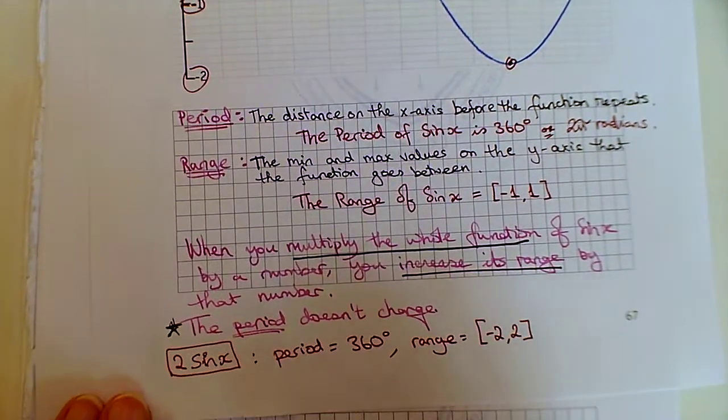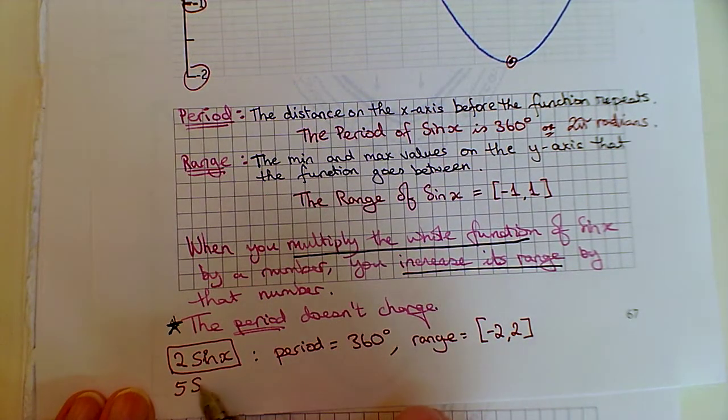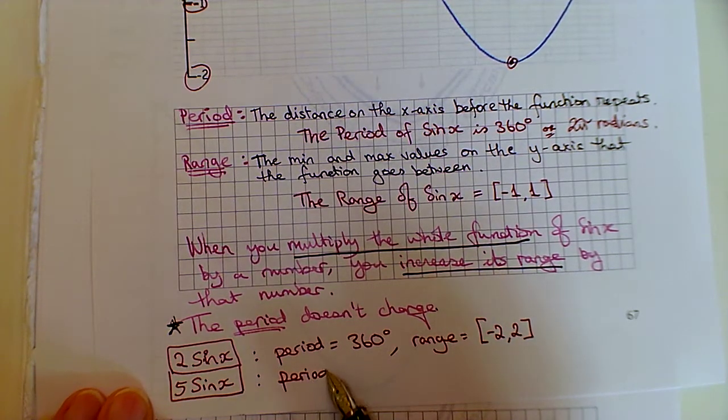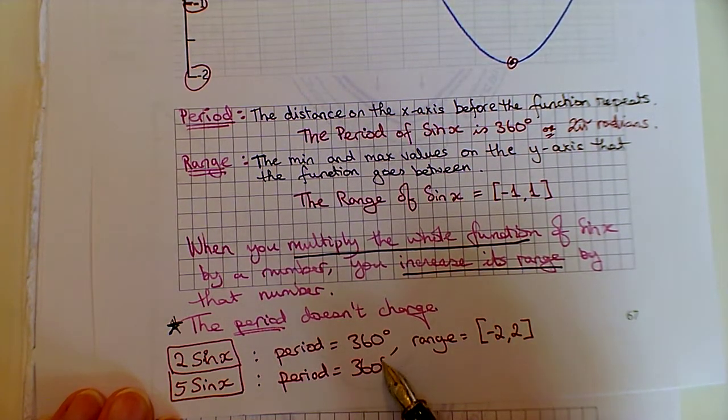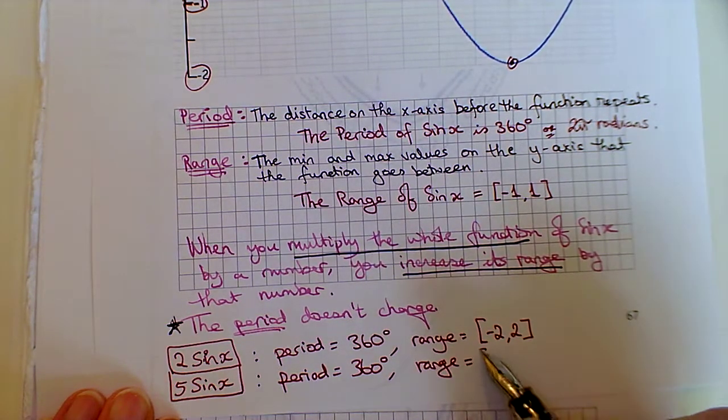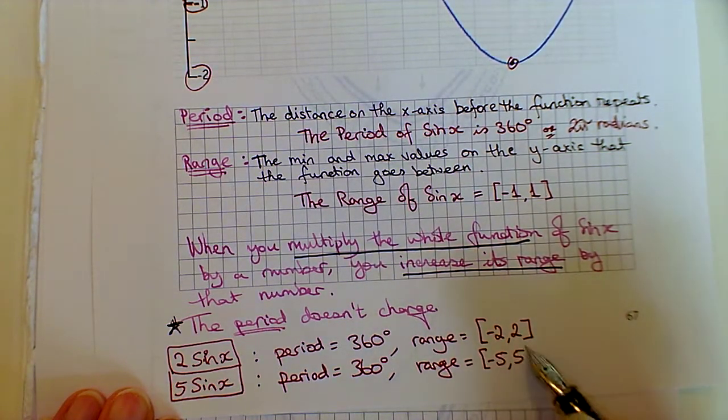If I had a different number in front of sine of x, if I had 5 sine of x, without even drawing it, I can know that the period would stay the same, it would stay as 360 degrees, and the range would be -5 to 5.